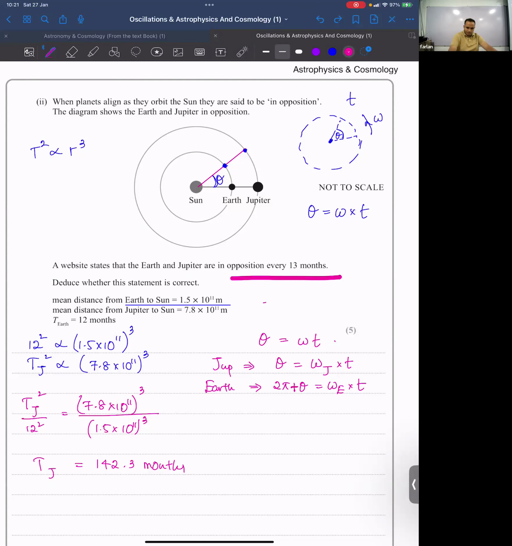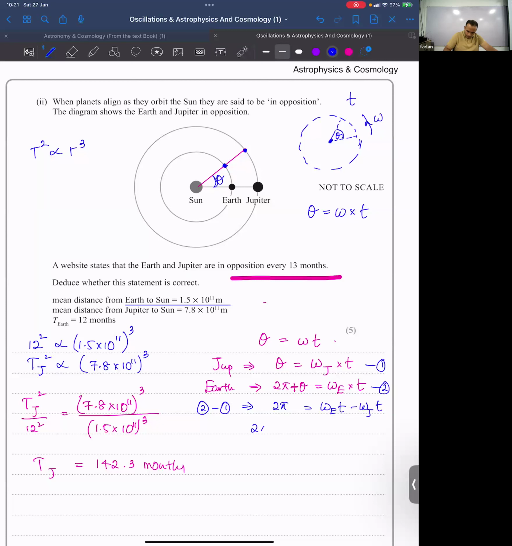So the simplest thing to do is subtract the two equations. I'll take this equation to be the first, this to be the second. Second equation minus the first equation will give us 2 pi plus theta minus theta, which is 2 pi, equals omega Earth t minus omega J t.